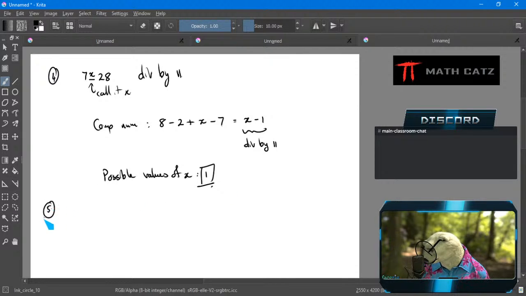And then one more to do. 2, 2, 8, 7, blank is divisible by 4.